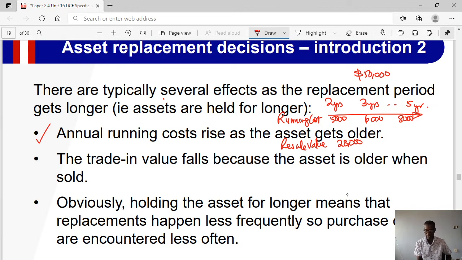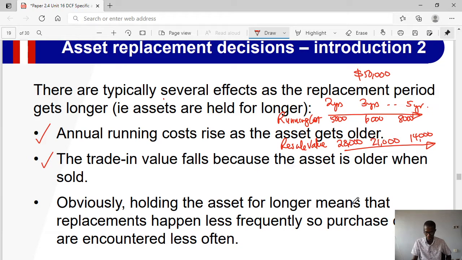If we keep it for an additional year, we could only sell it for 21,000. And if we keep it for 5 years, we can only sell it for 14,000. So whereas the running cost is rising, the resale value goes down and down. These are some of the effects as the replacement period gets longer.